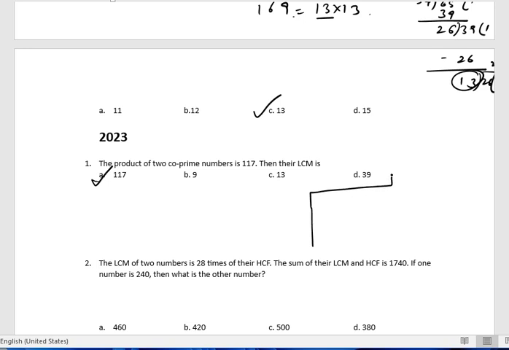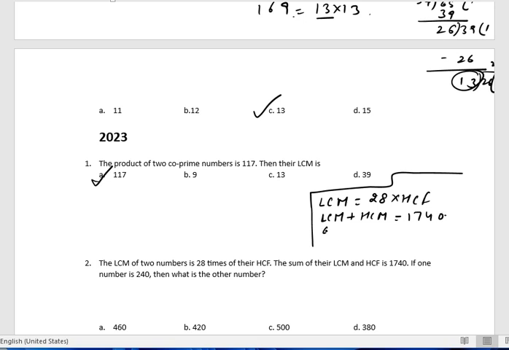We will start from here. It is given LCM is 28 times HCF. And it is given that LCM plus HCF equals 1740.